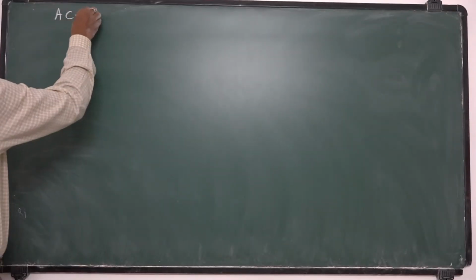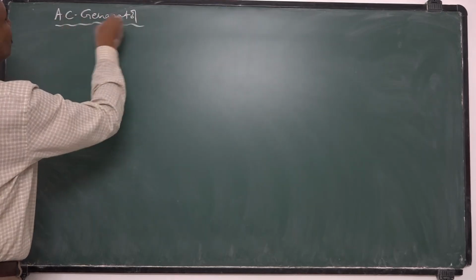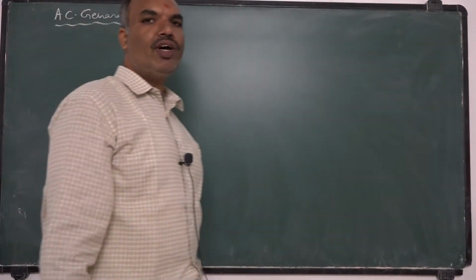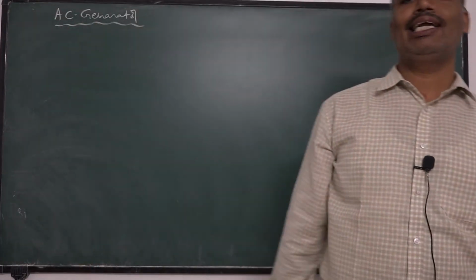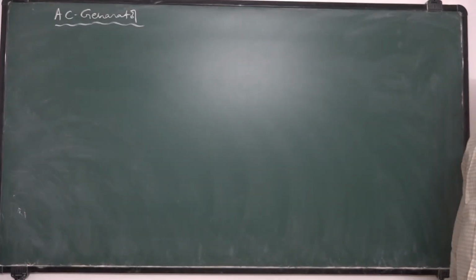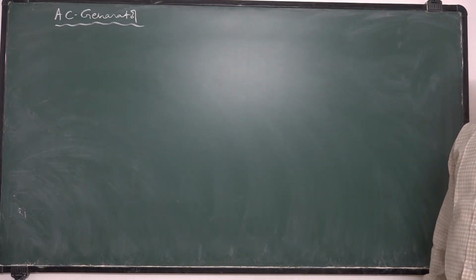The next concept we are going to discuss is AC generator. In the name itself, AC means alternating current, generator means producer. Earlier, we converted electrical energy into mechanical energy. That is called a motor. It is the reverse case of the motor.